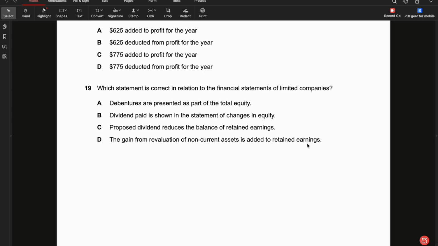Okay, so this is the capital reserve, this is the revenue reserve, so we do not write this gain out here in the retained earnings. So your correct answer out here is B. We show dividend in the statement of changes in equity. Correct answer 19B.